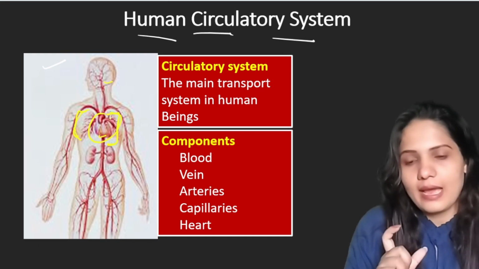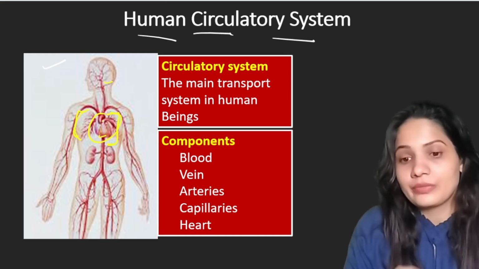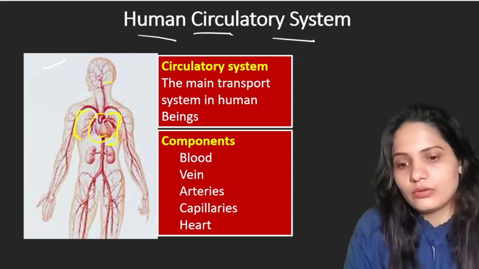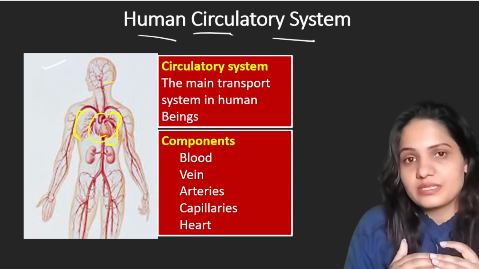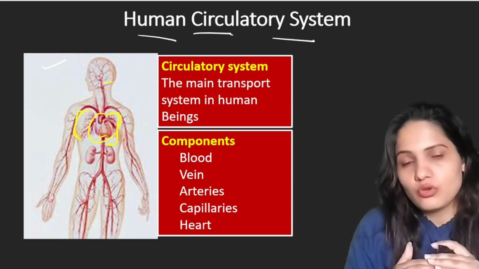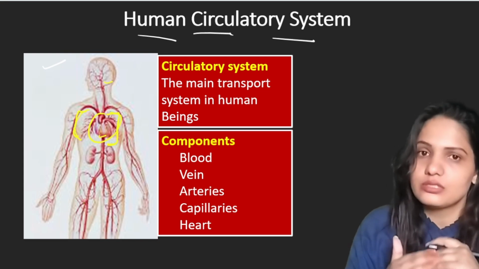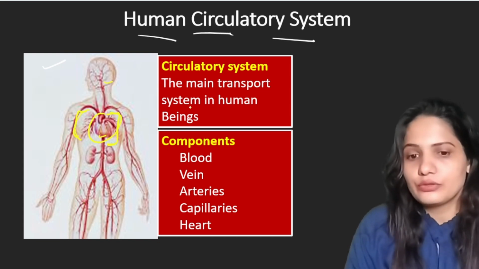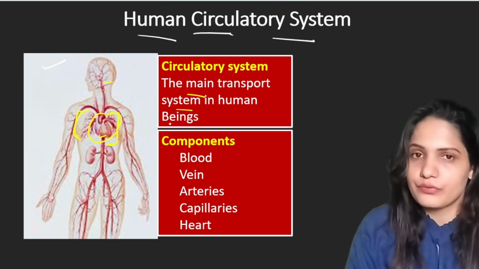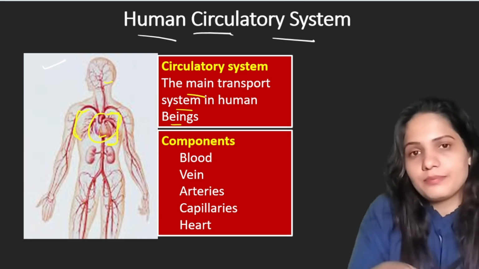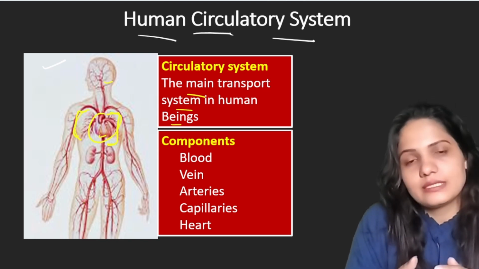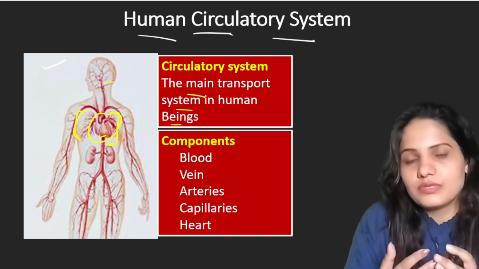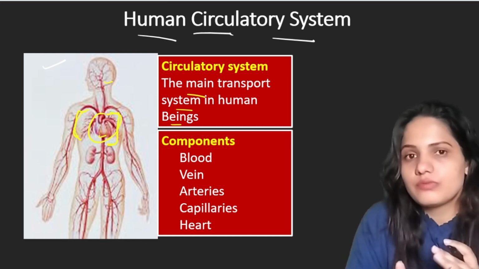So now you have an idea of the circulatory system, and this network of arteries and veins is present throughout the body. Circulatory system is the main transport system in human beings. As in our previous sections, we have covered that food is digested, then the simpler substances are distributed throughout the body.